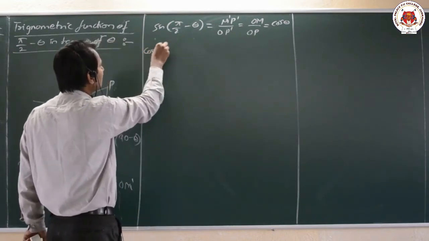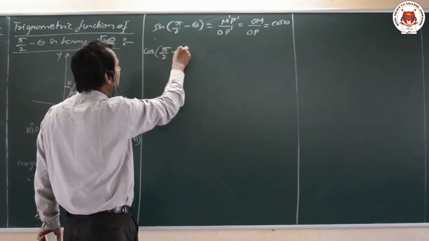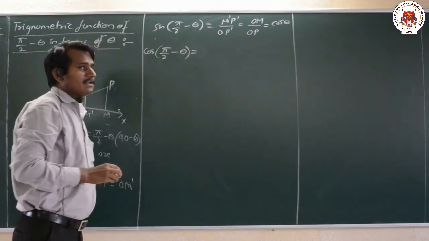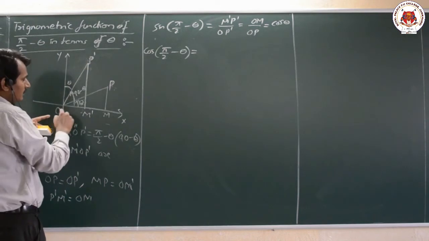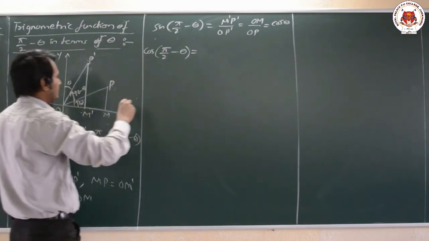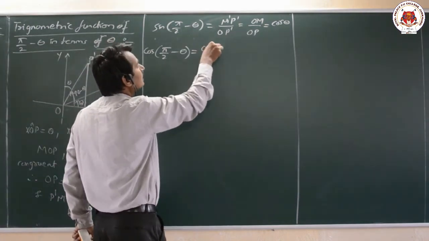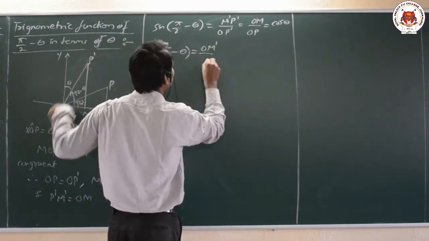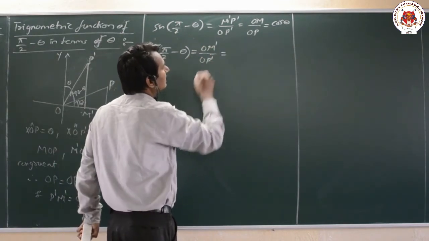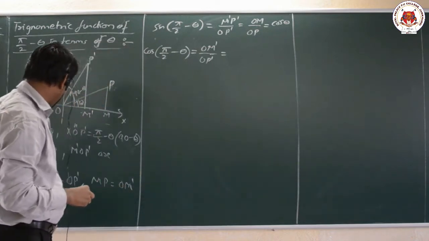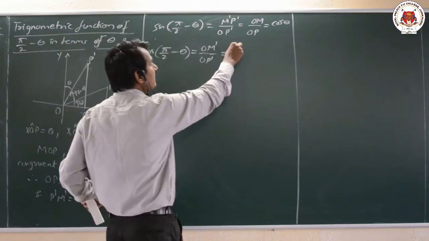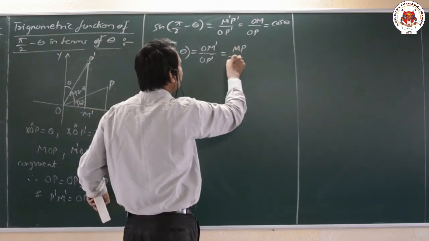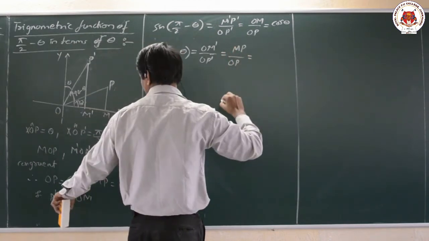Now let us study cos of pi by 2 minus theta. In this pi by 2 angle, base divided by hypotenuse is OM dash divided by OP dash. OM dash value will be MP, and OP dash is OP only.